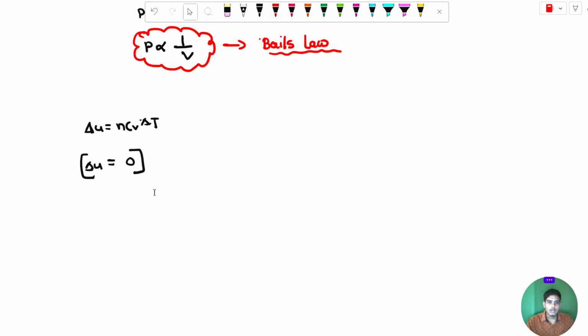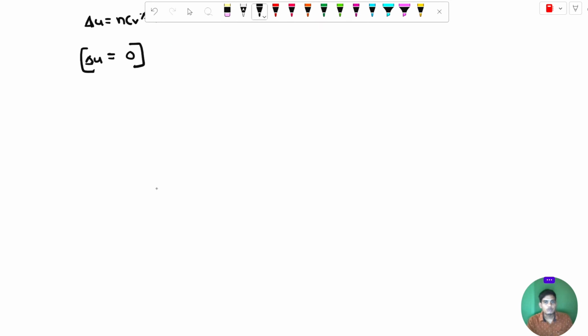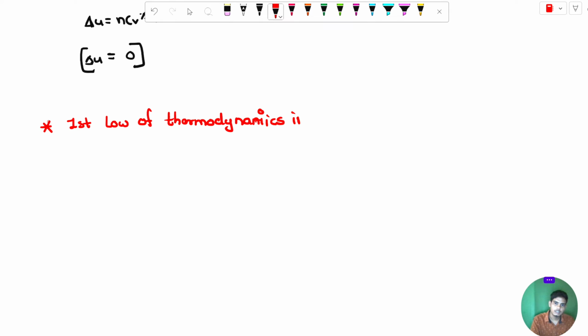Now we can move to another subtopic: the first law of thermodynamics in isothermal process.